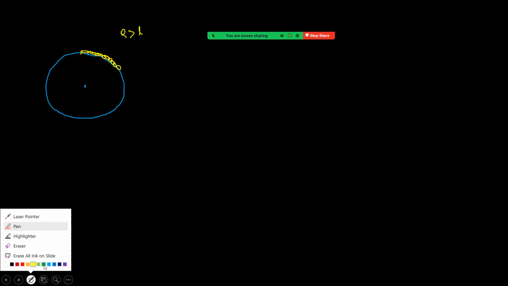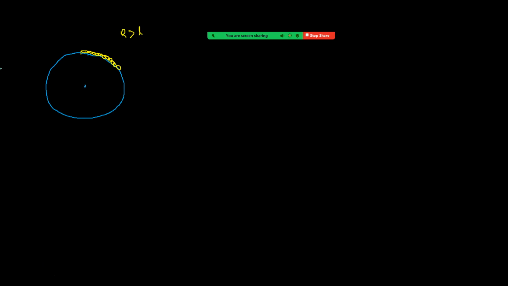The condition is that R is greater than L. Now first we have to find the gravitational potential energy of the chain. See how to calculate. The condition is given that we take the center of the sphere as the reference level.